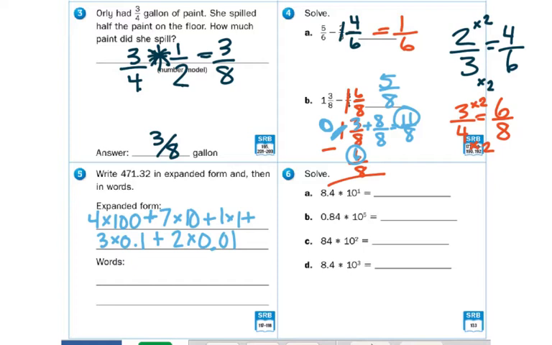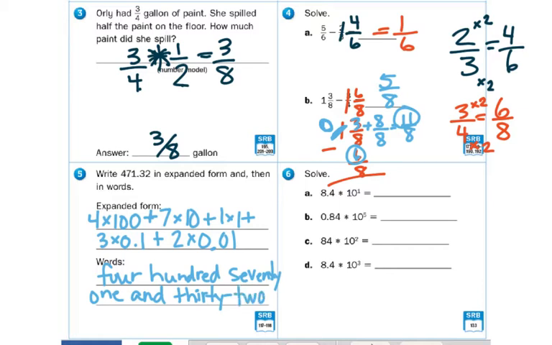And in words, it's 471 and 32/100ths. Don't forget that THS on the end.